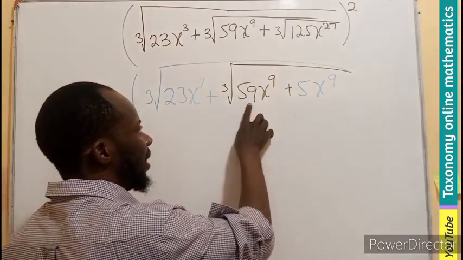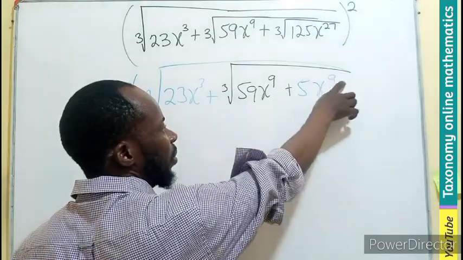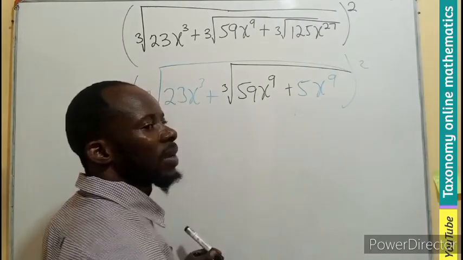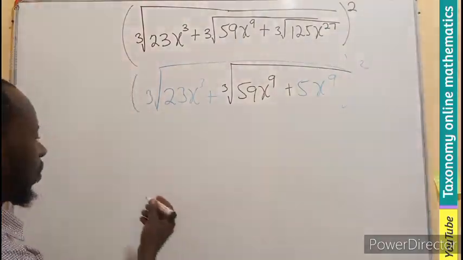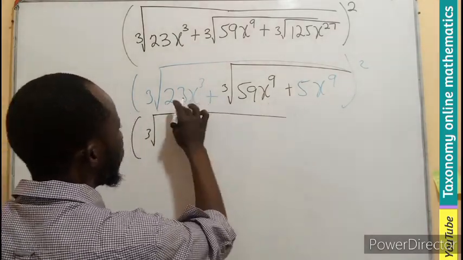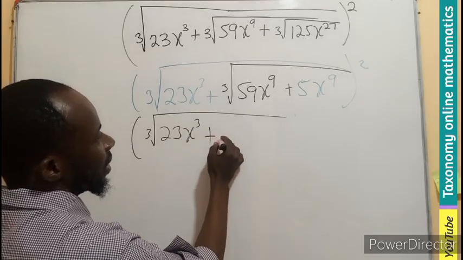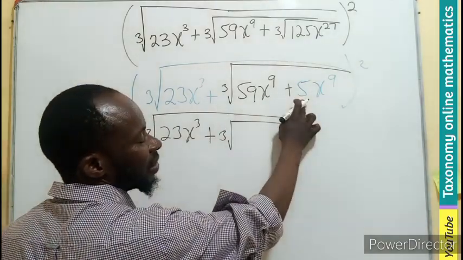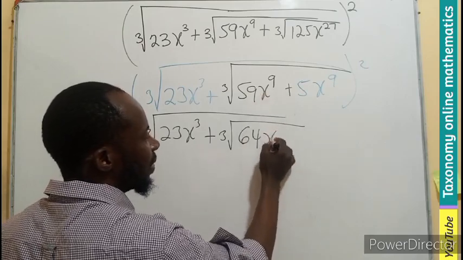You can see this 59x exponent 9 plus 5x exponent 9 are under the same root, so we can easily add them in that root sign. So I'll be having the cube root of 23x exponent 3 plus the cube root of 59 plus 5, I believe we get 64, then x exponent 9.